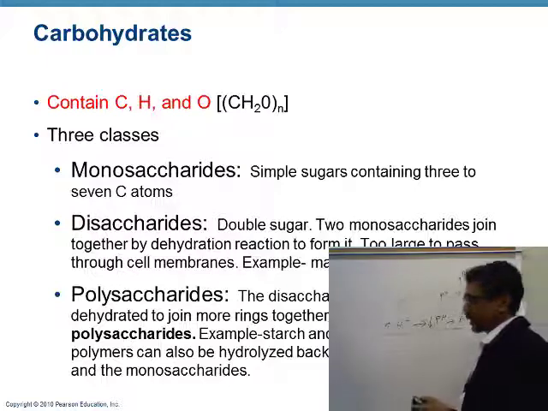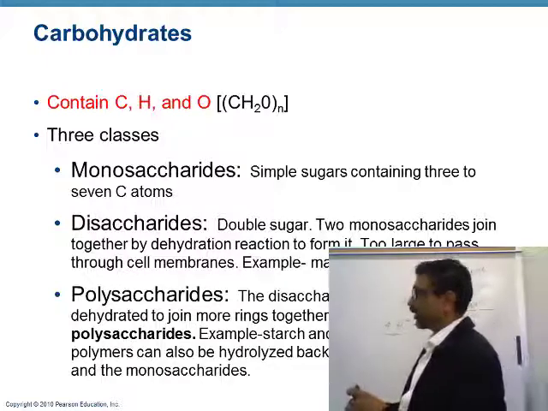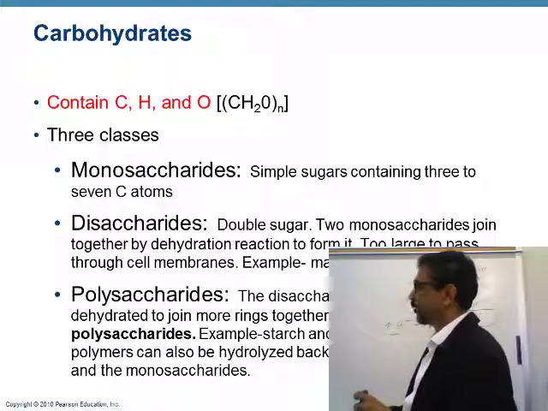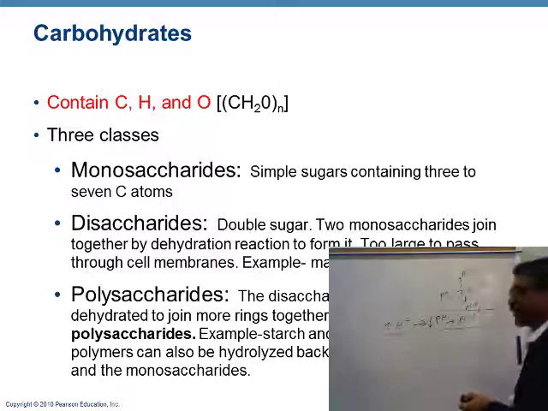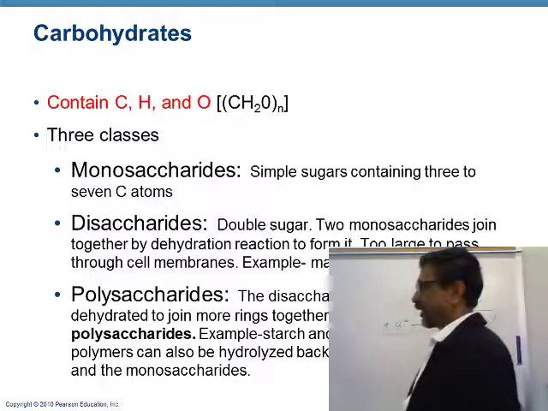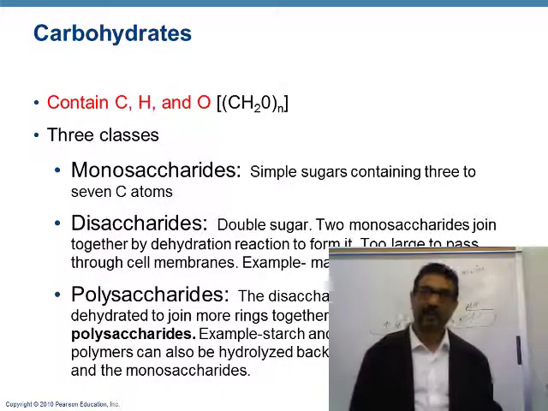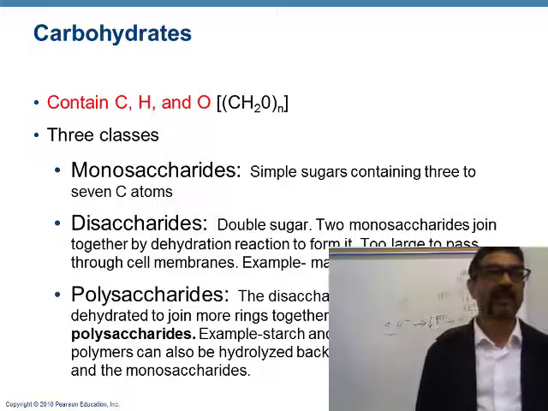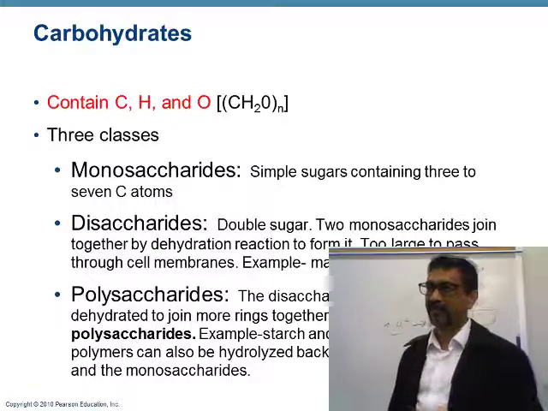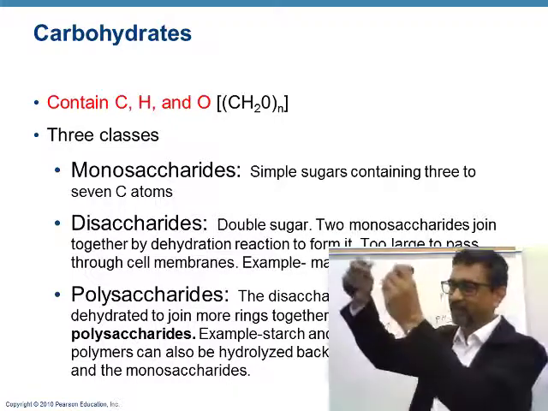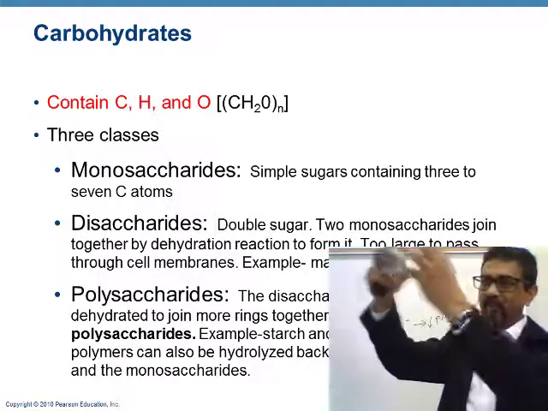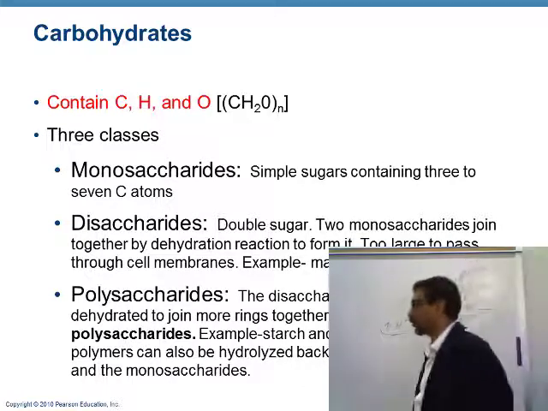And carbohydrates are divided into 3 types: monosaccharides, example glucose; disaccharides, example maltose; and polysaccharide, the most complex and larger form of carbohydrate, examples starch and glycogen. I showed you glycogen: many glucose molecules join together to form a larger molecule, that's the glycogen.